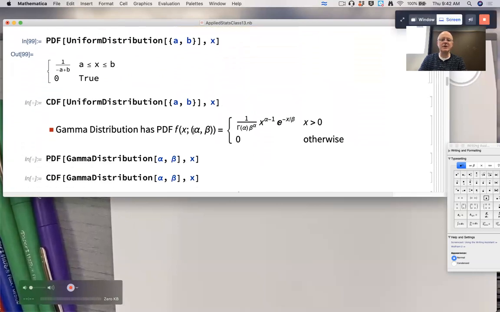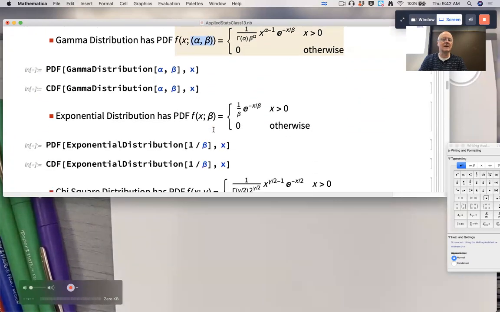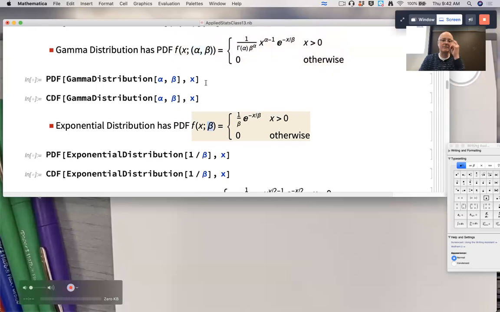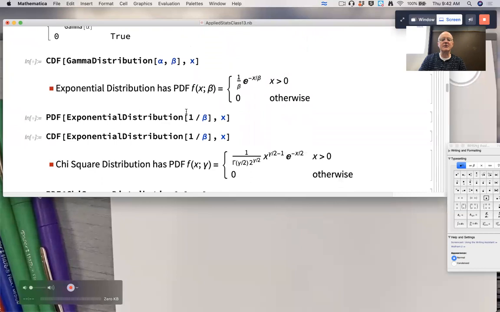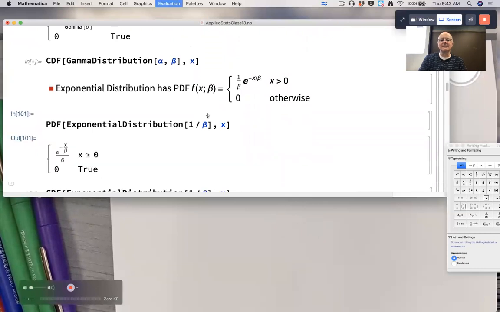A gamma distribution has parameters alpha and beta. An exponential distribution has parameter beta. Though I did remind you of this before, I'll remind you again: when you do it in Mathematica, for a gamma distribution, you plug in alpha and beta as they are. For an exponential distribution with parameter beta, you actually have to plug it in as 1 over beta to get the right formula.